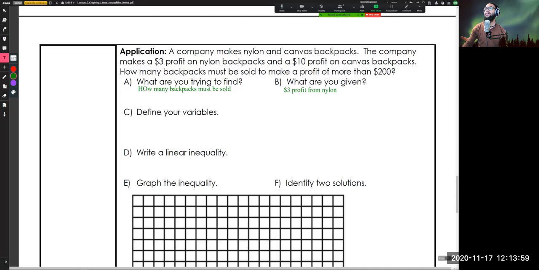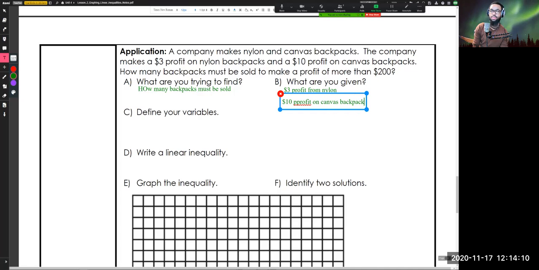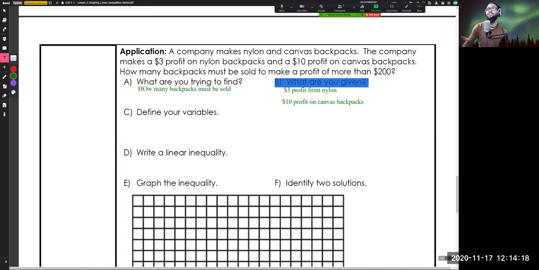They also have $10 profit on canvas backpacks. And we want our profit to be more than $200.